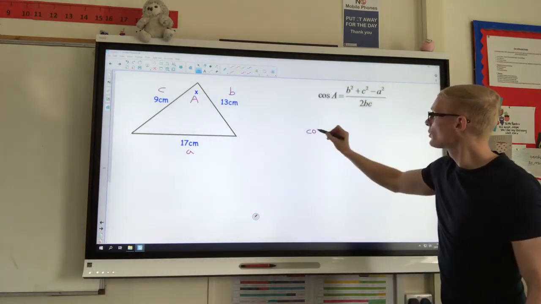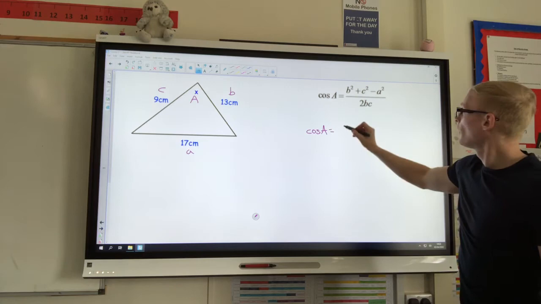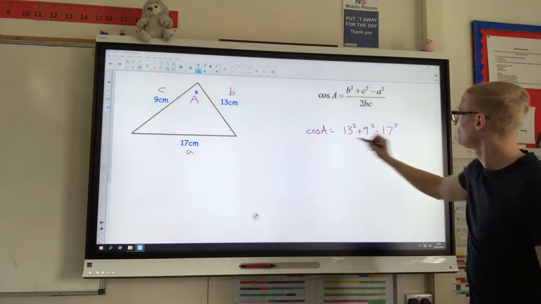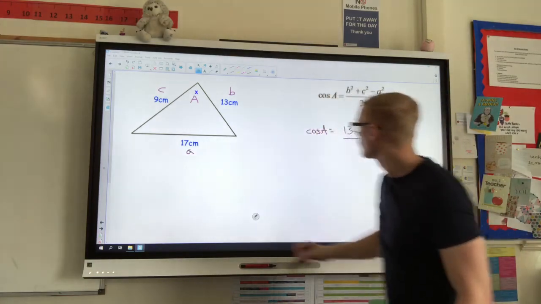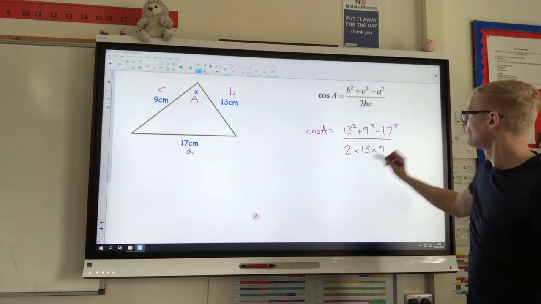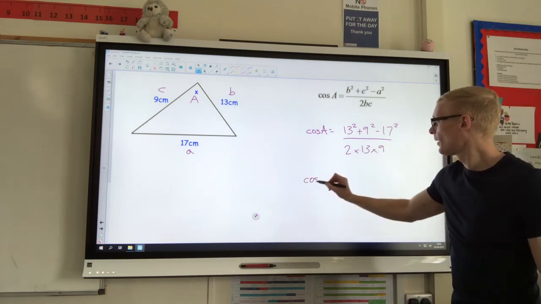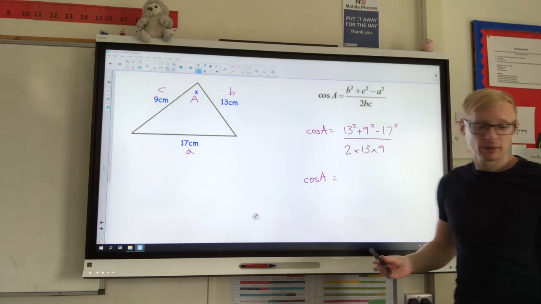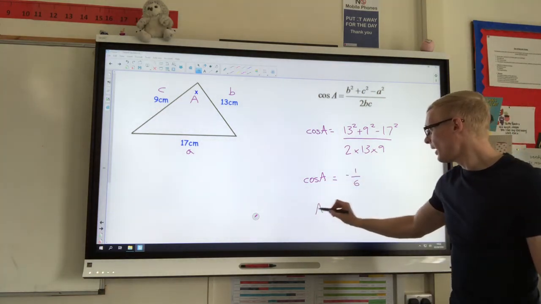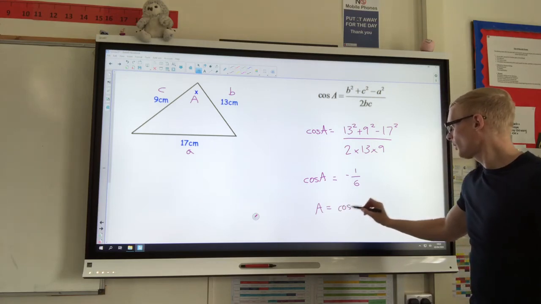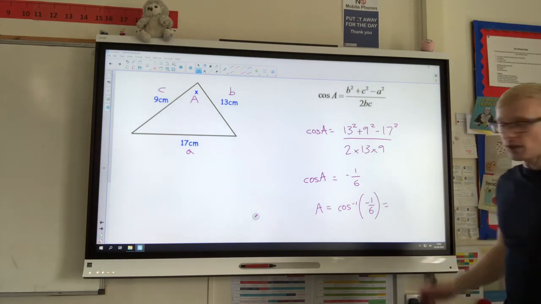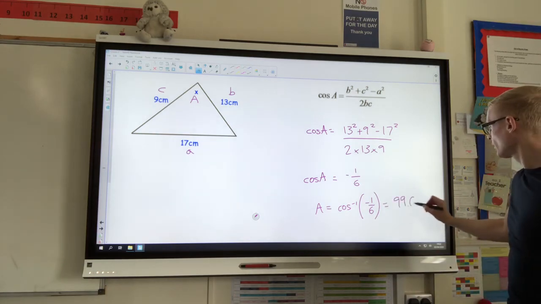Substitute in, so cos A equals 13 squared plus 9 squared minus 17 squared, all over 2 times 13 times 9. Type that into your calculator and you'll get negative a sixth. To actually work out what x is, what A is, cos to the minus 1 of negative a sixth gets you 99.6 degrees.